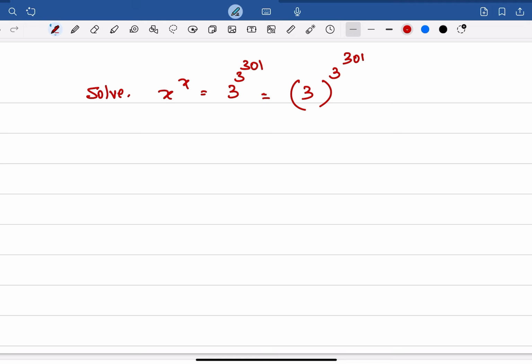Let us assume x is equal to 3 to the power of k. Then what happens? x to the power of x is equal to 3 to the power of k, to the power of 3 to the power of k.